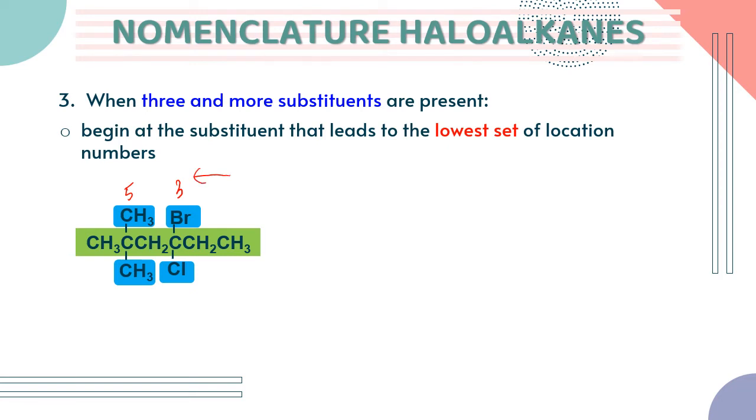But if we count from left to right, this is carbon 1, then carbon 2, 3, and 4. So the lowest combination will be from left to right. So that's why we're going to number it like this. We will not choose the other numbering, which would give 5-dimethyl, 3-bromo, and 3-chloro.